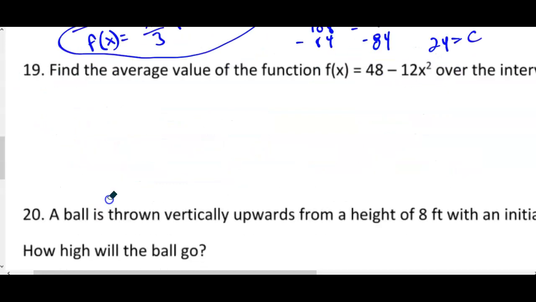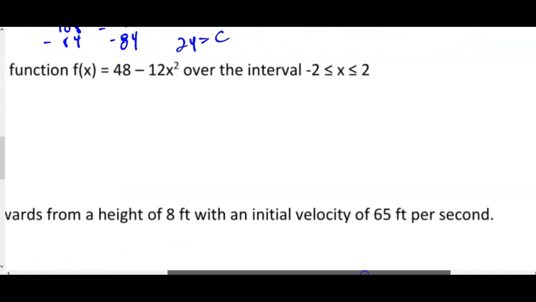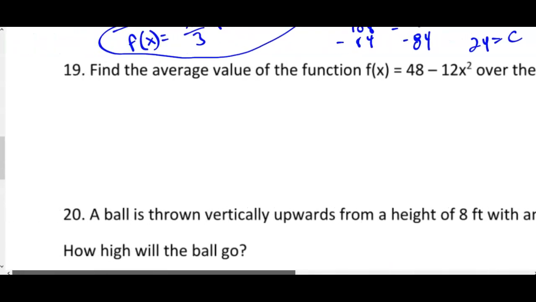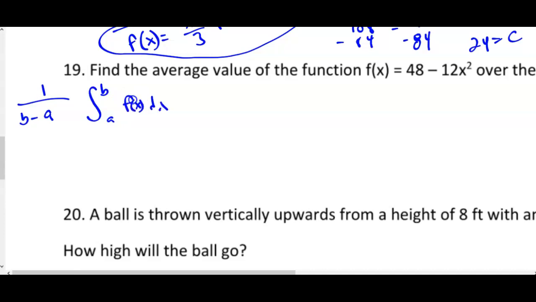All right, right here it says find the average value of the function f of x equals 48 minus x squared over the interval of -2 to 2. This is just a definite integral equation right here. All right, but you use this equation right here, 1 over b minus a times the definite integral from a to b of f of x dx.